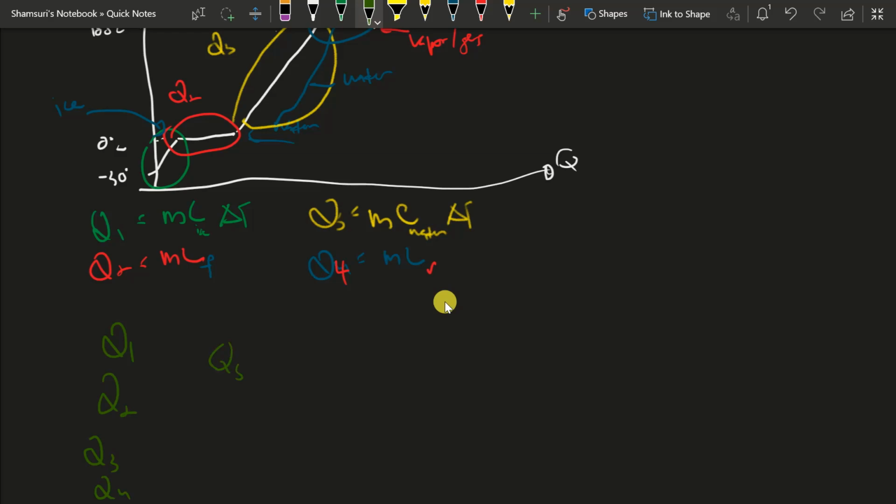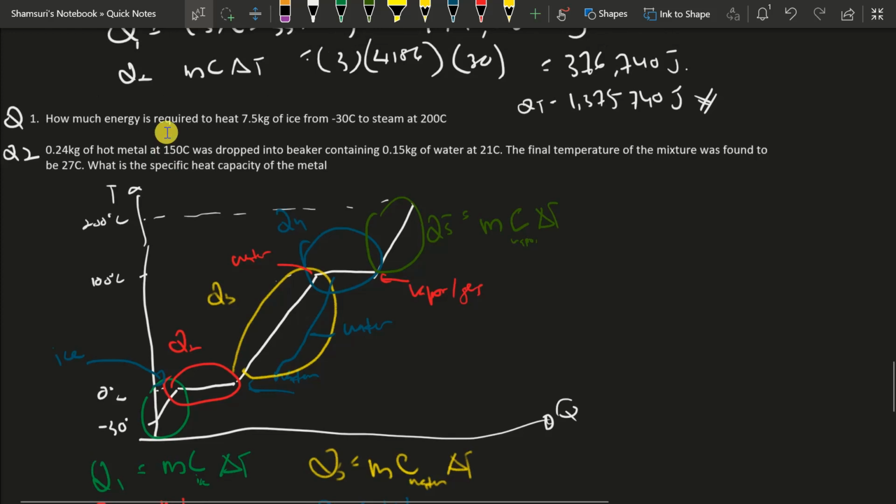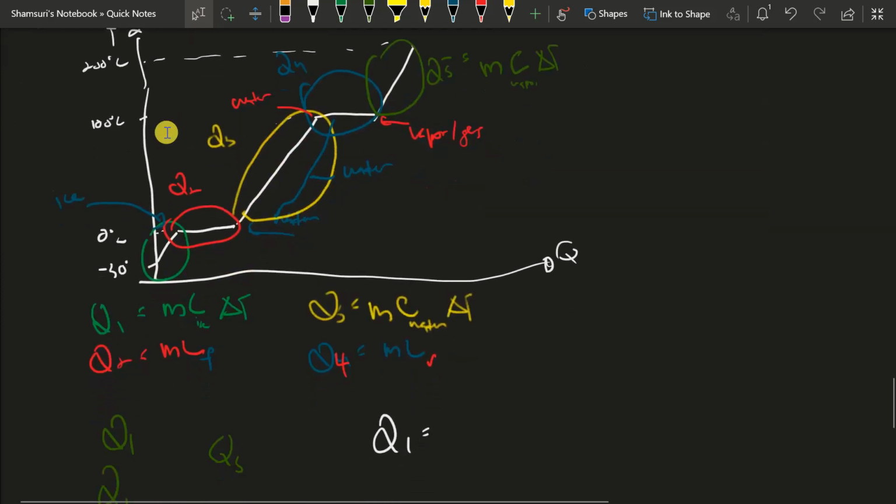Maybe for Q1 I can write the answer. What is Q1? m is 7.5 kilograms. So Q1 is 7.5, and then the change from minus 30 to 0 degrees, mc of ice.